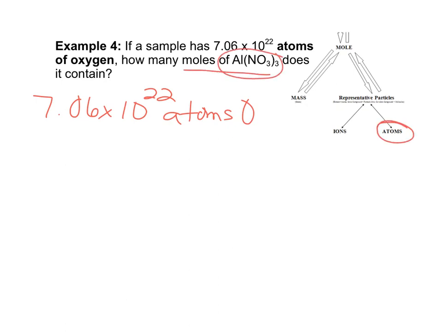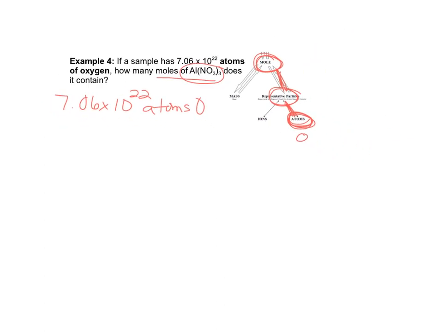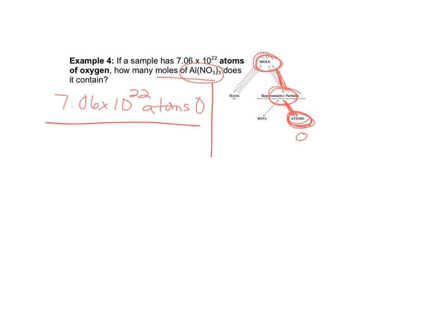So we are actually starting at the bottom of this map because we're specifically in the element oxygen, and we want to get to moles. And so with our map, it's going to be a two-step process. We first have to convert atoms of oxygen into just how many total molecules we have, and then from there we can convert into moles.